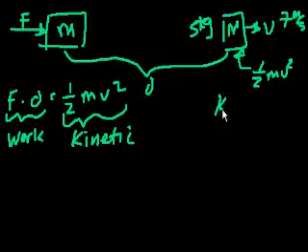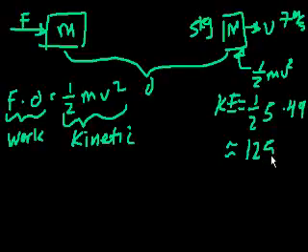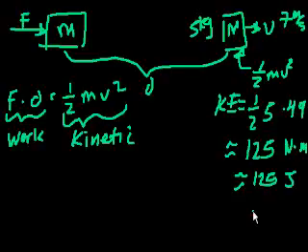So I would say the kinetic energy of this object is going to be 1/2 times the mass, 5, times velocity squared, 7 squared, 49. So let's see, 1/2 times 49, that's a little under 25. So it'll be approximately 125 Newton meters, and a Newton meter is just a joule, so 125 joules.